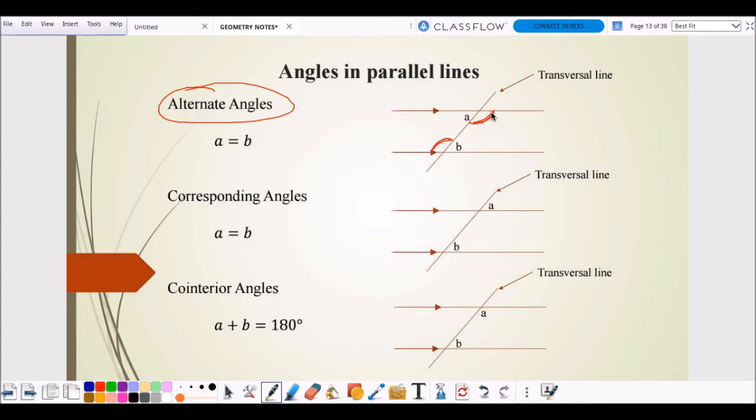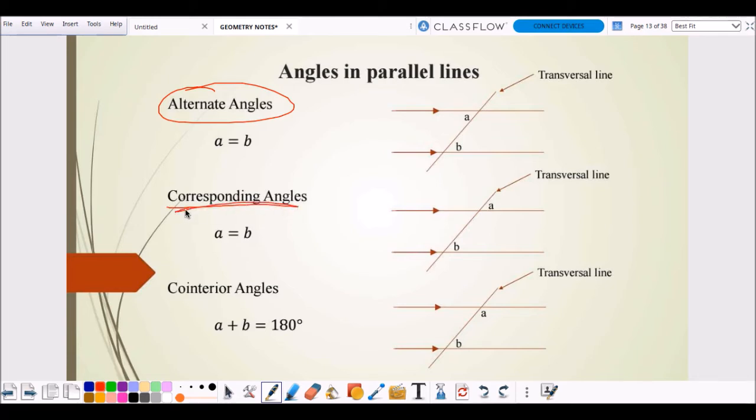Okay, they're the same, just on the opposite sides of that transversal line. Exactly the same. So that's one reason for when you're trying to prove why an angle is what it is. The other reason is corresponding.